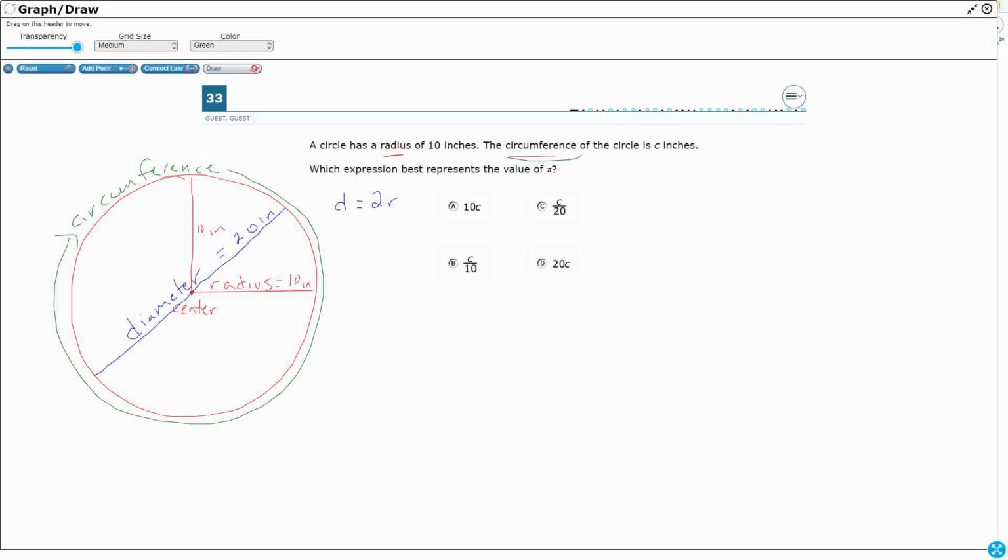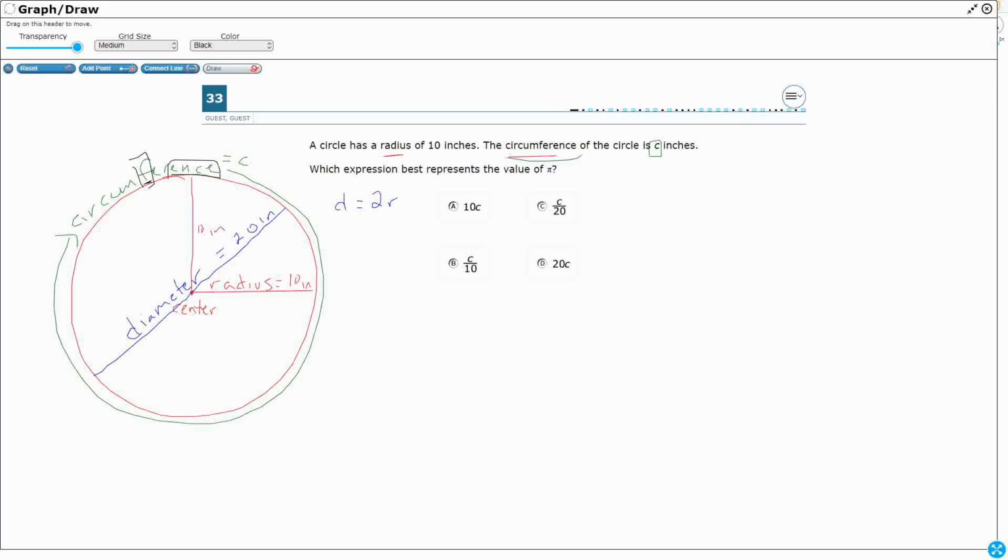We do not have an actual measurement for it, but they do give us a letter to use, C. All right, so circumference equals C. That should be easy to remember. One way to remember that the circumference is around the outside of a circle, kind of like the perimeter, is you almost see the word fence in the backside of circumference. And a fence goes around a yard or a property, so the circumference goes around a circle.